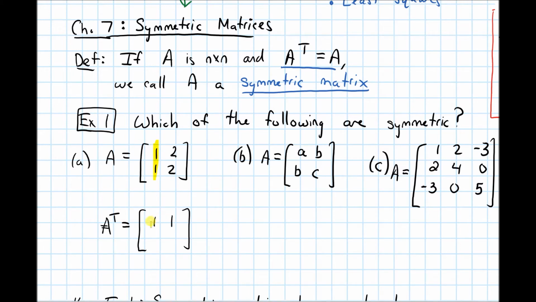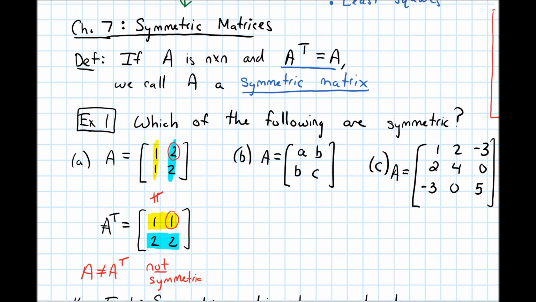And the second column of A becomes the second row of A transpose, so 2, 2. If we compare these two matrices, they're not the same. For example, the number in this entry and the corresponding number in this entry are different. One of them is a 2 and one of them is a 1. Because A does not equal A transpose, this matrix is not symmetric.